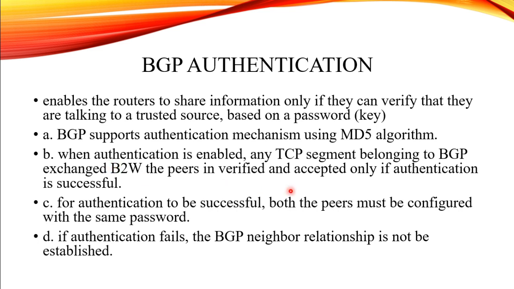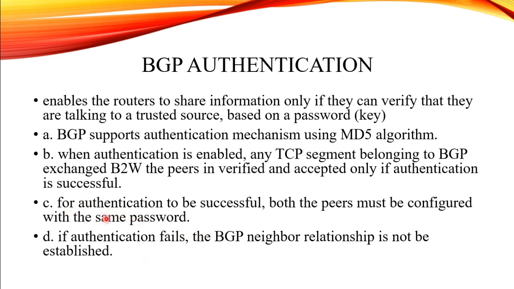When we enable authentication in the BGP domain, the TCP segments exchanged between the peers are verified and accepted, and after that the BGP neighborship will be established.